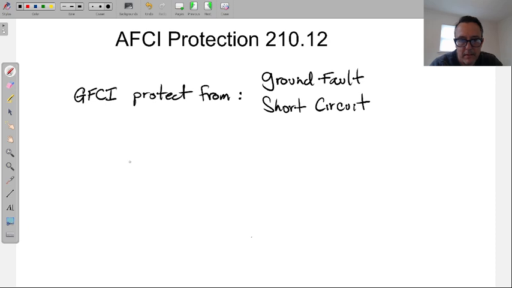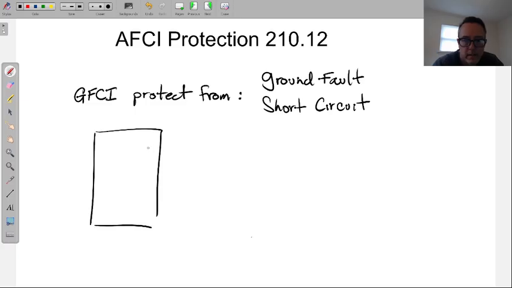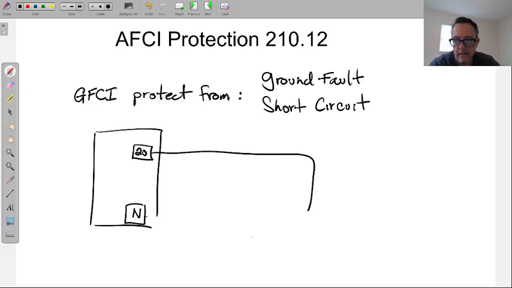Now, let me just explain the two, because if anybody asks you what a short circuit is, and you're in an electrical school, and you say, I don't know, that's not a good answer. So here's my hot, here's my neutral. What is a circuit? A circuit is the complete path, right? That's a circuit. This is a load.